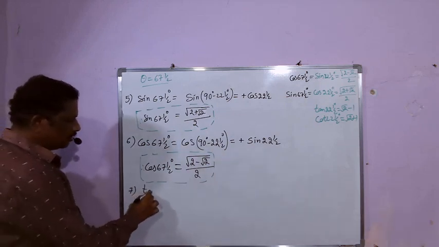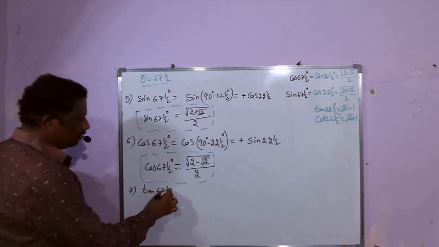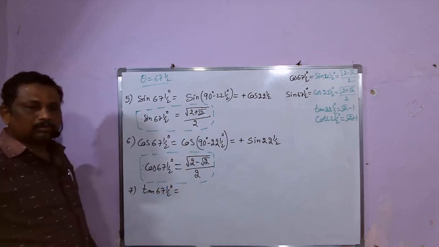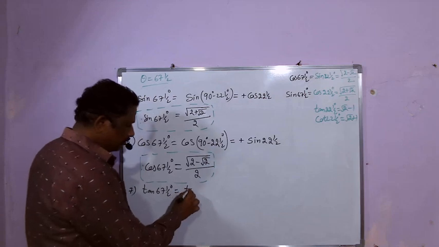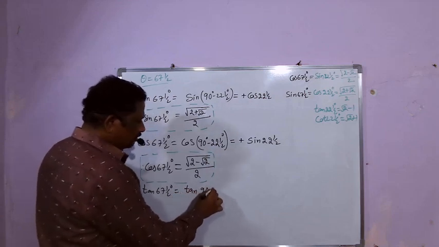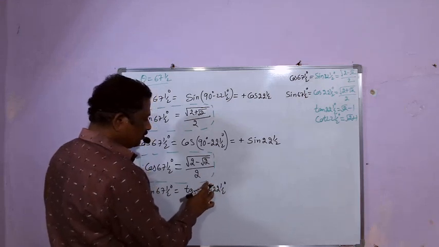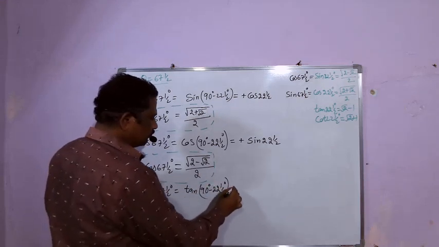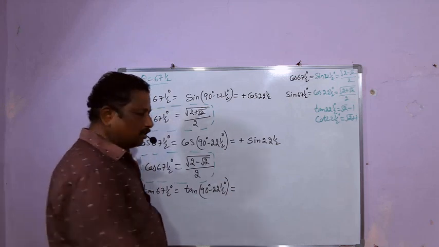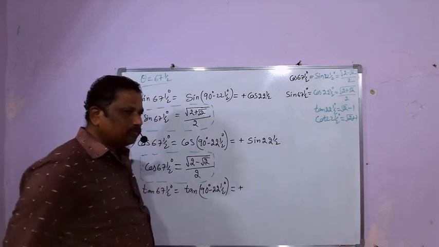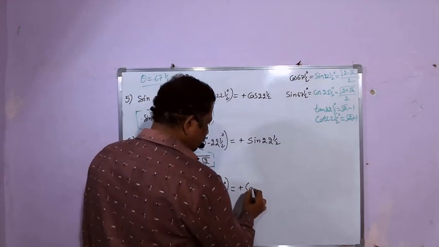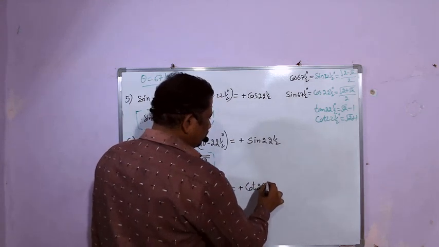Next, tan 67.5 degrees. So tan of 90 minus 22.5 degrees. So it also falls in the first quadrant. In the first quadrant all are positive. Tan will become cot 22.5 degrees.